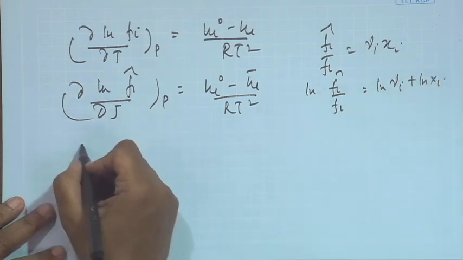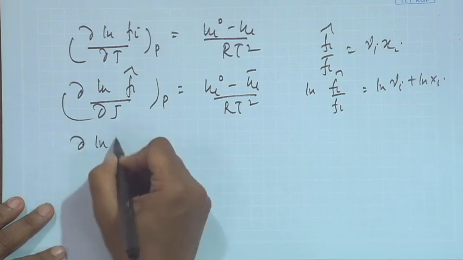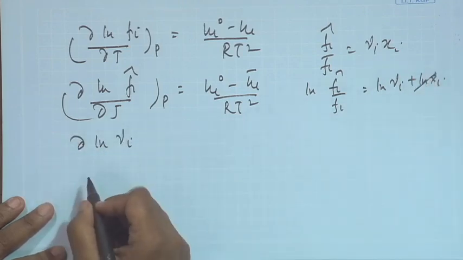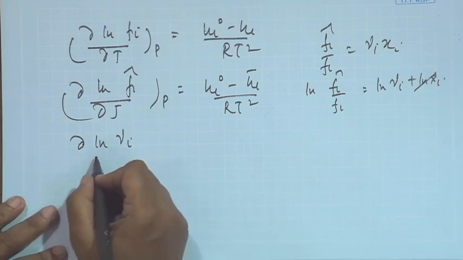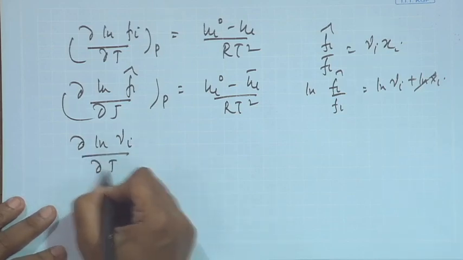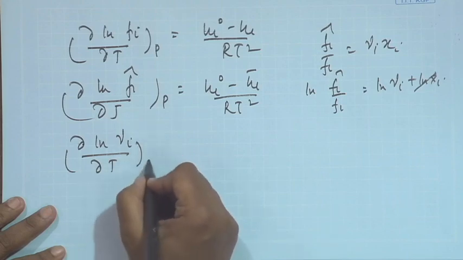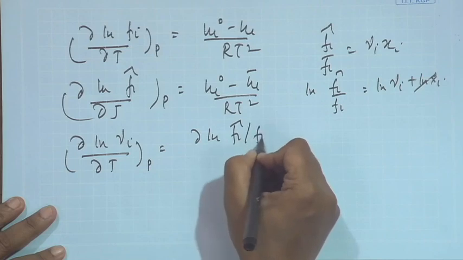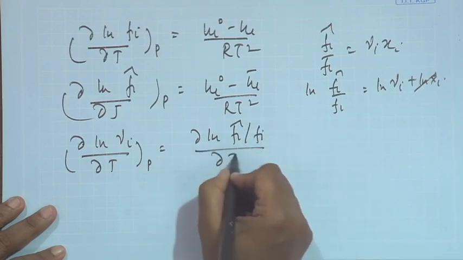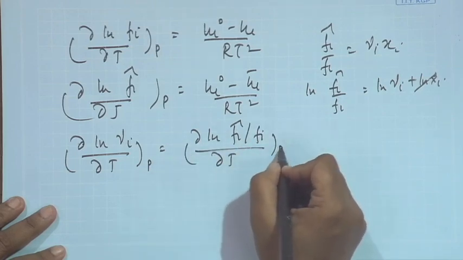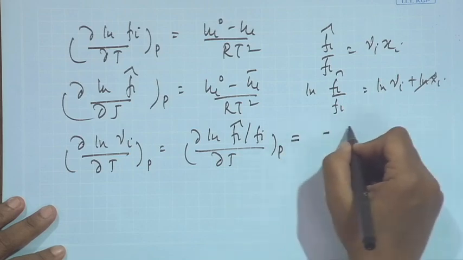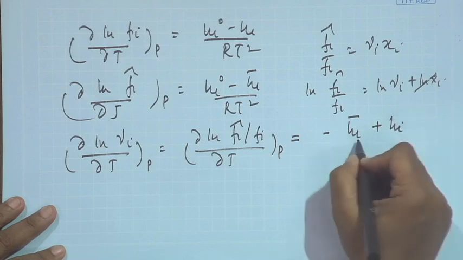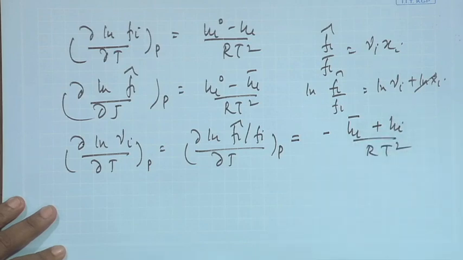So, can I not write this down as ∂ ln γ? Again, I know that xi is not a function of temperature; the composition does not depend on temperature. So, can I not write this as ∂ ln φi bar by φi ∂T at constant P? Is this not equal to minus (Hi bar minus Hi) by RT²?